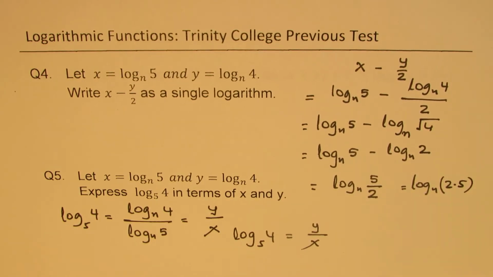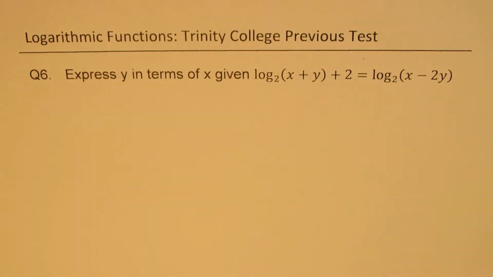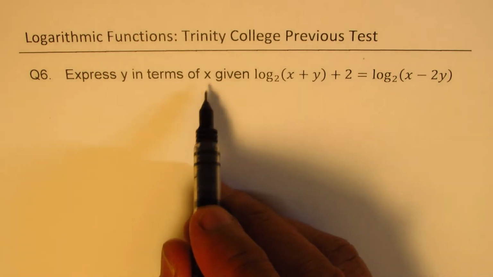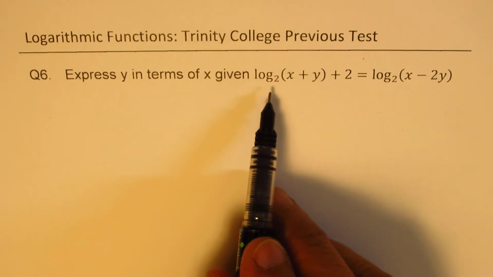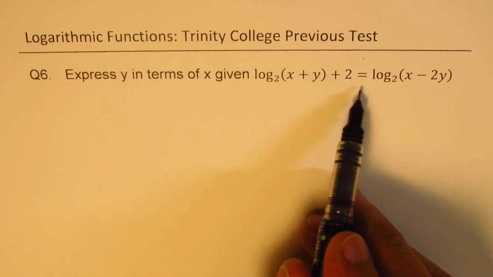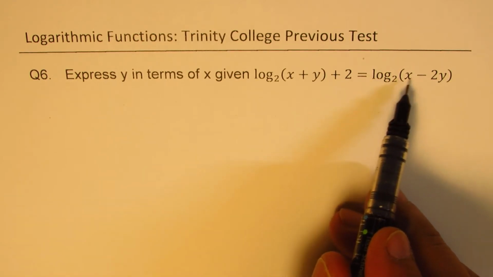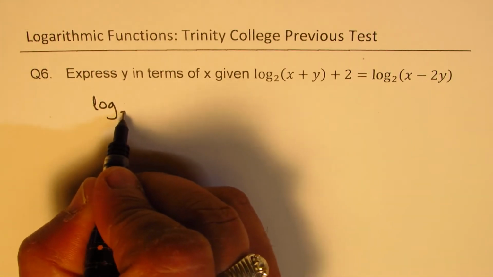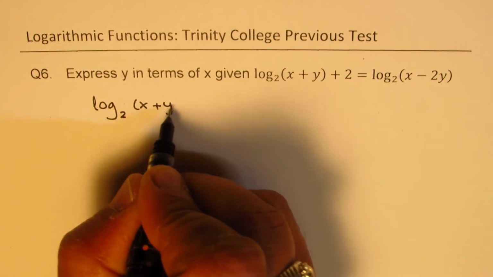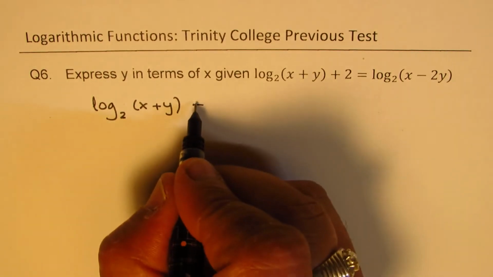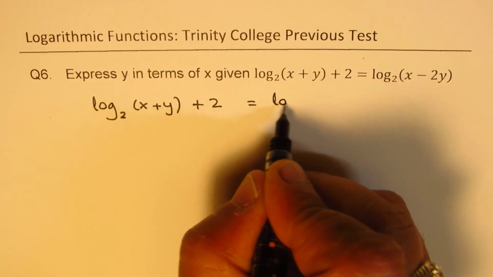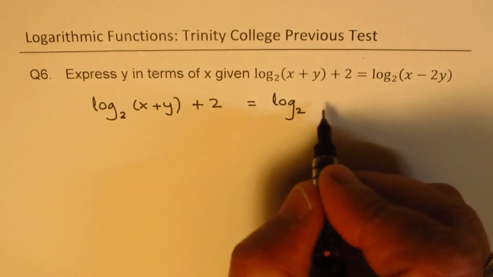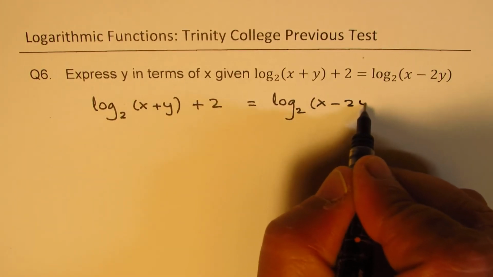Question number 6. Express y in terms of x given log to the base 2 of x plus y plus 2 is equal to log to the base 2 of x minus 2y. So let's rewrite the question. Log to the base 2 of x plus y plus 2 equals log to the base 2 of x minus 2y.